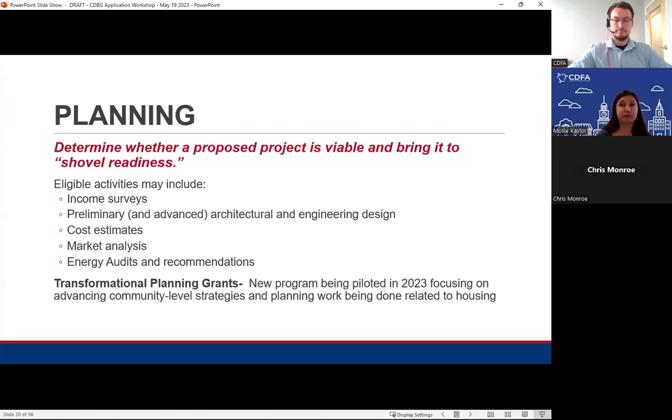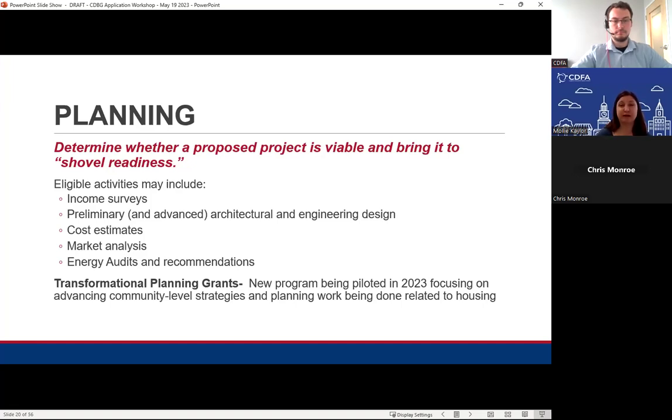Program year 2023 was our first year offering this. And it's really meant to provide slightly larger amounts of funding dollars and to really not be project specific planning activities, but more community level planning activities and perhaps focused on certain areas.